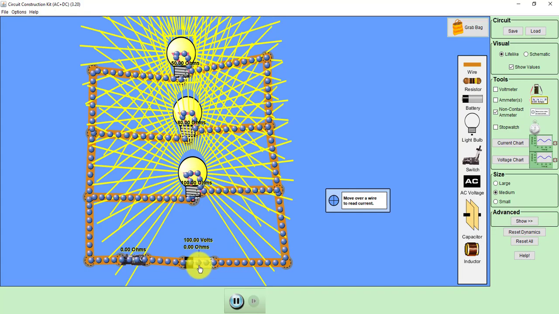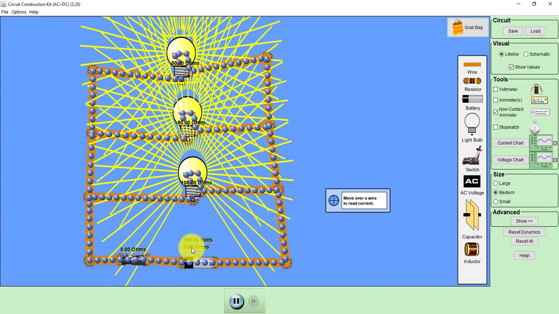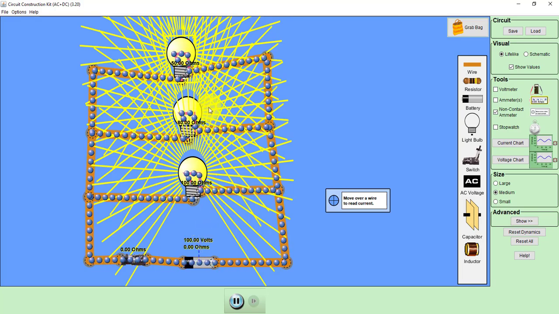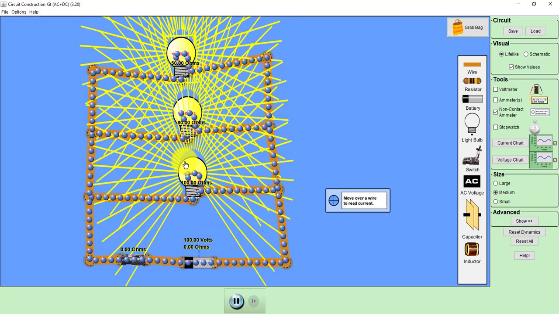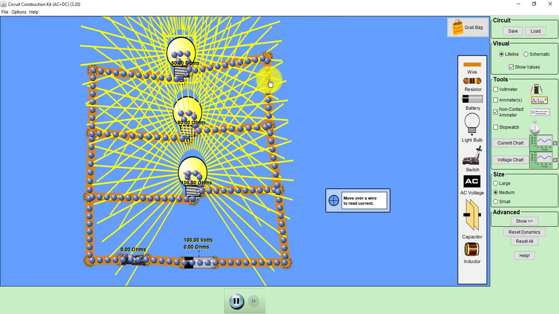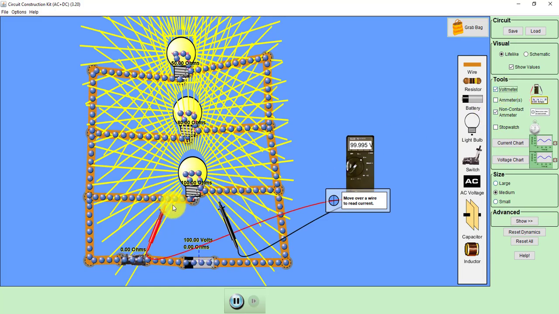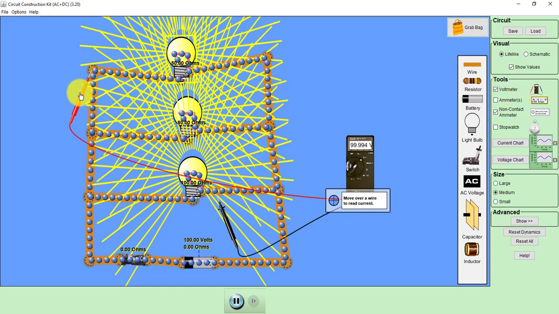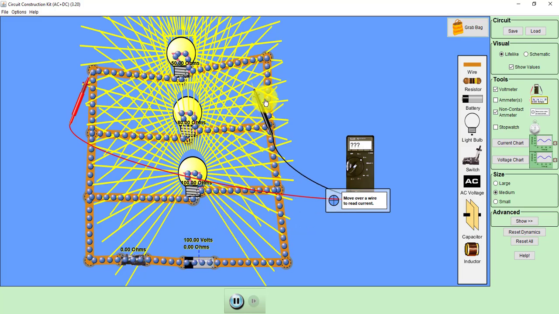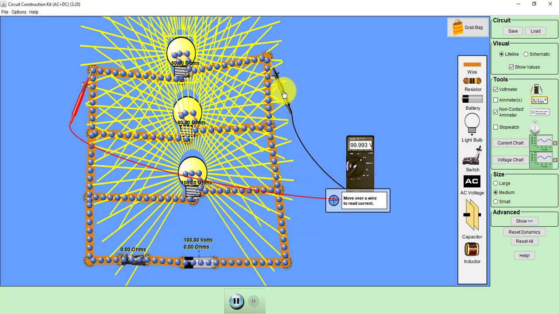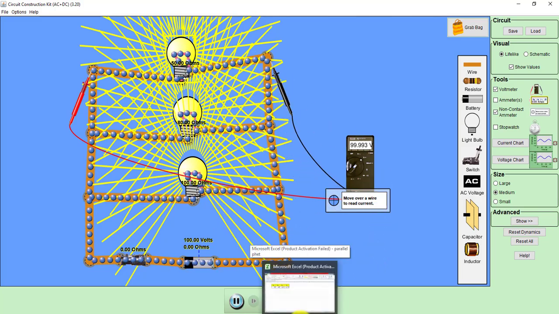In this case, that will be the total power supplied by the source. Now in order to calculate the power taken by each resistor, we will require the voltage across each bulb and current flowing through each bulb. Voltage across each bulb, already we have calculated, it is 99.99, so that is close to 100.